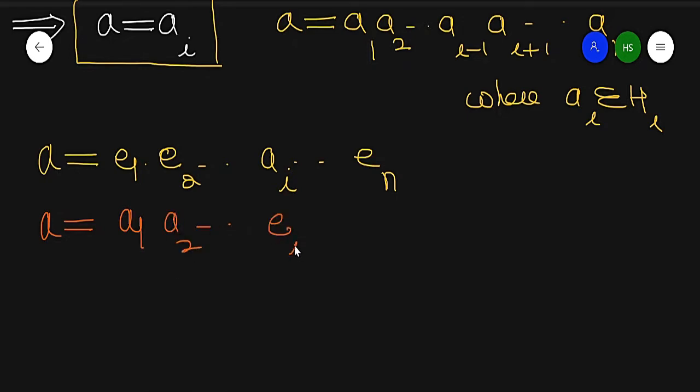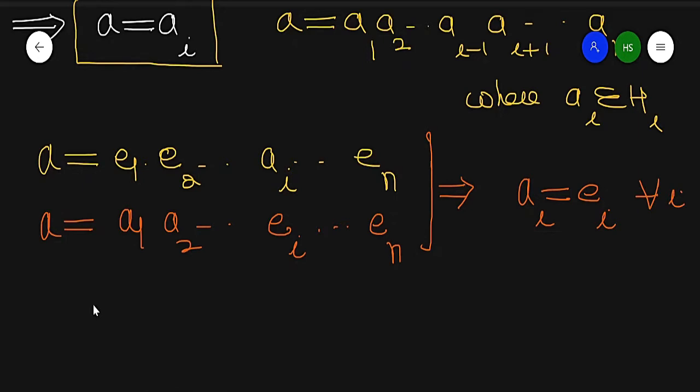Here it is ei because the ith term is missing, so I write the identity here, and so on up to en. Now both are equal. If both are equal, by taking the uniqueness property, a1 is equal to e1, a2 is equal to e2 and ai is equal to ei. So in general all the entries are equal to ei for every Hi.